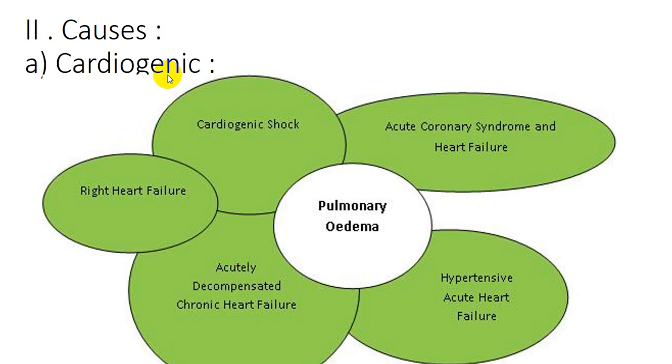The first, cardiogenic: the main causes consist of cardiogenic shock, acute coronary syndrome and heart failure, hypertensive acute heart failure, especially left heart failure, acute decompensated chronic heart failure, and right heart failure.